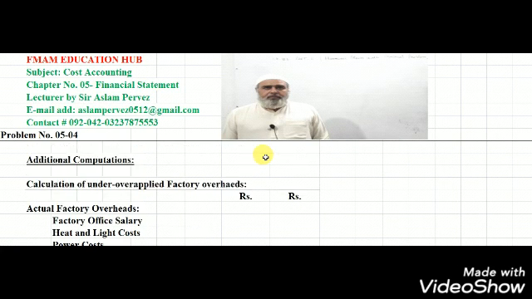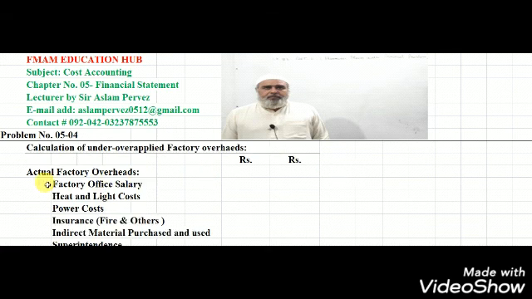Now we move to the other slide. Here is the proforma for the calculation of under or over applied factory overhead. Students, let's start. Firstly, we find out the actual factory overhead, which is given in the question. Factory office salary is 10,000 rupees. Same as heat and light cost, 7,000 rupees, and power cost is 5,000 rupees.